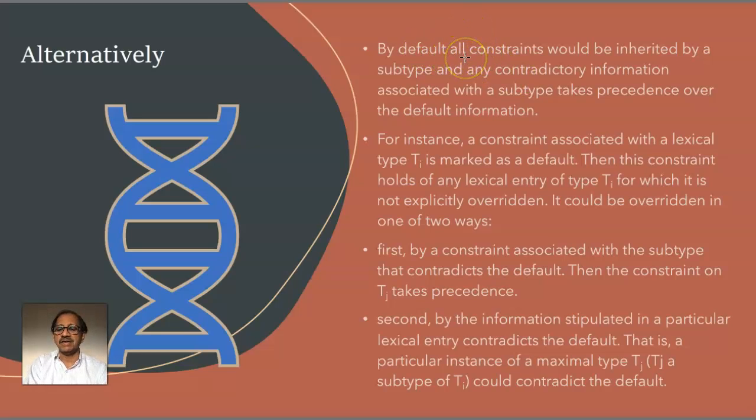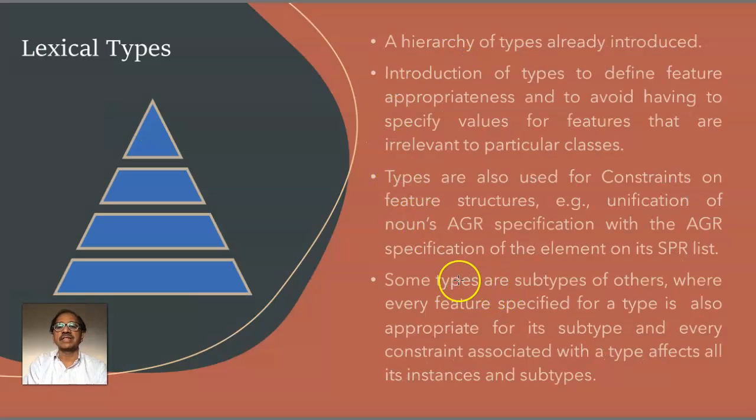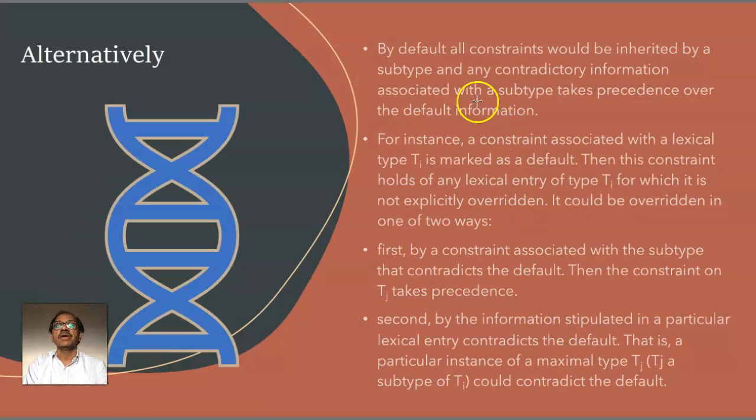Earlier we said that whatever constraint is on the type is inherited by the subtype, but we didn't say the subtype could have some contradictory information. What we are looking at now is that each type has default constraints, and subtypes may have some contradictory information which may take precedence over the default information.